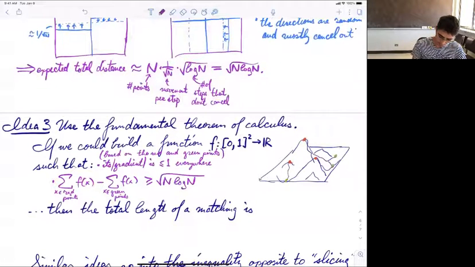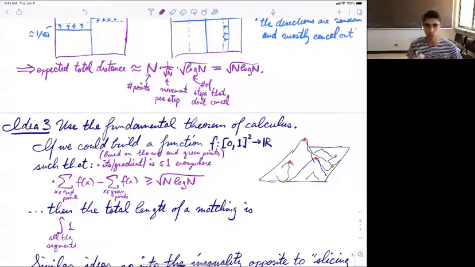Then the total length of a matching, well, you can think of it as you take the function just 1 and you integrate it over all the segments, all the line segments of the matching, right?